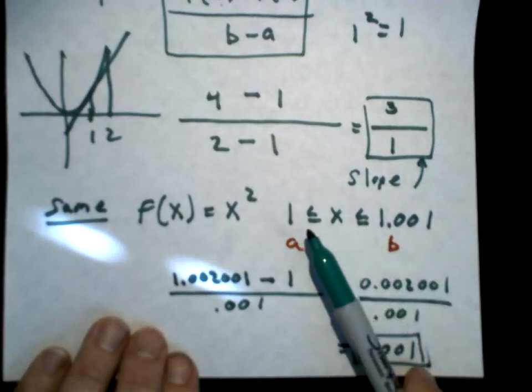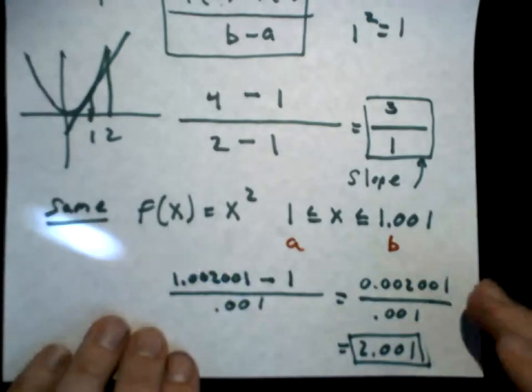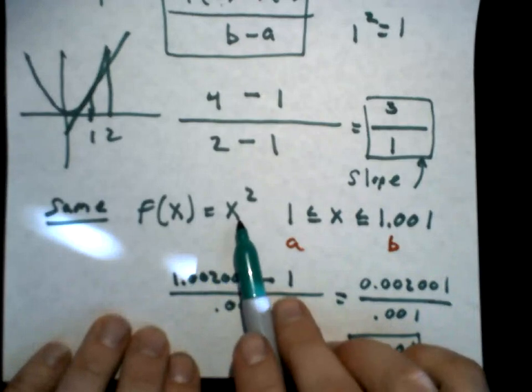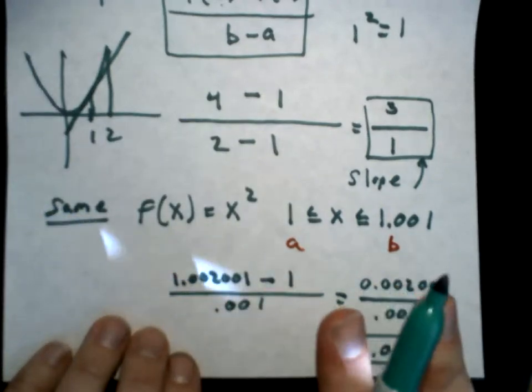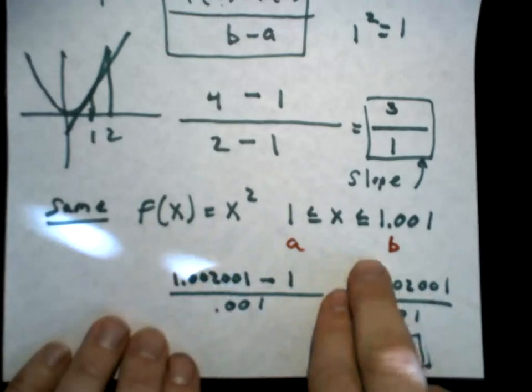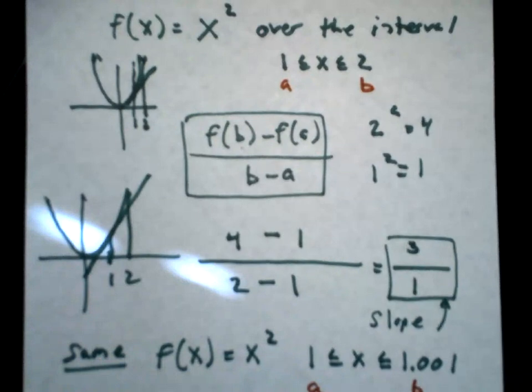As we get closer and closer to 1, our slope gets closer and closer to 2. As you move on to calculus, you're going to start figuring out why that is. And it's so cool. All right. Hopefully that made a little bit of sense. Go ahead and think about that and let me know. All right. Thank you.